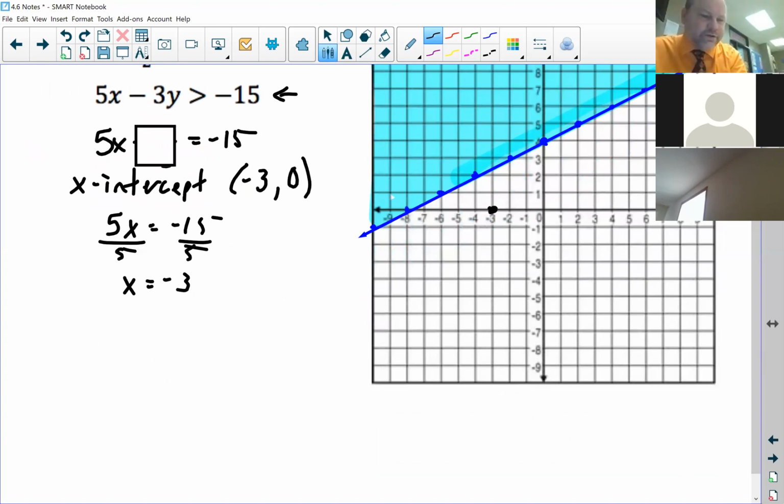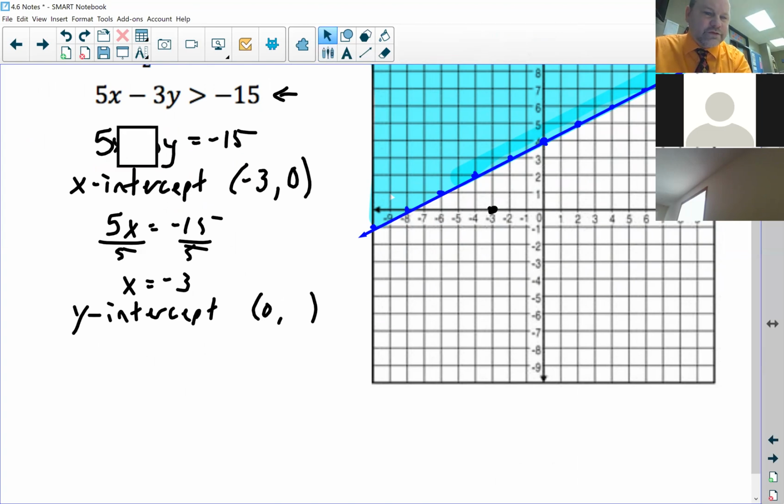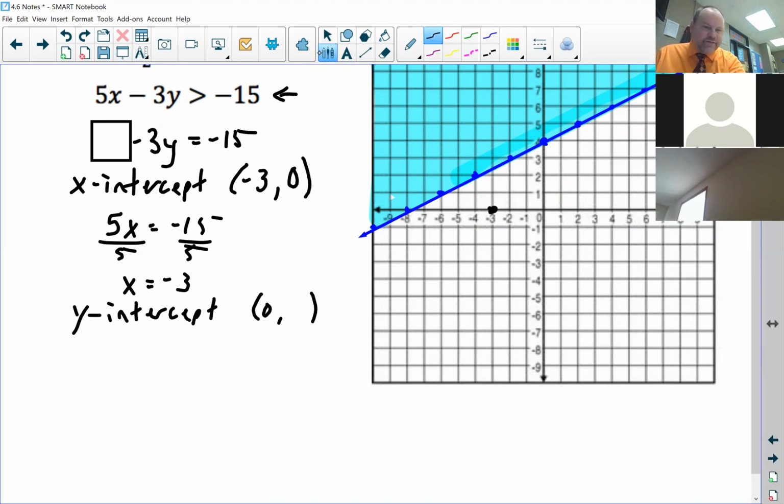To find my y-intercept, I'm going to plug 0 in for x and solve for y. So I'm going to cover up the x. Now again, one of the things to be careful of, that -3 stays with the y.